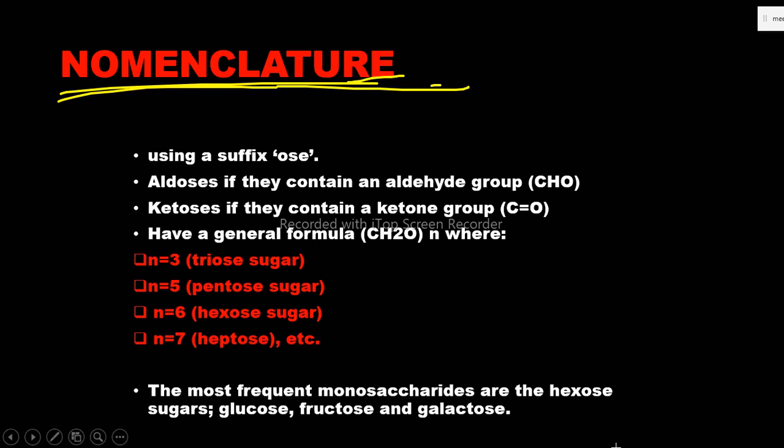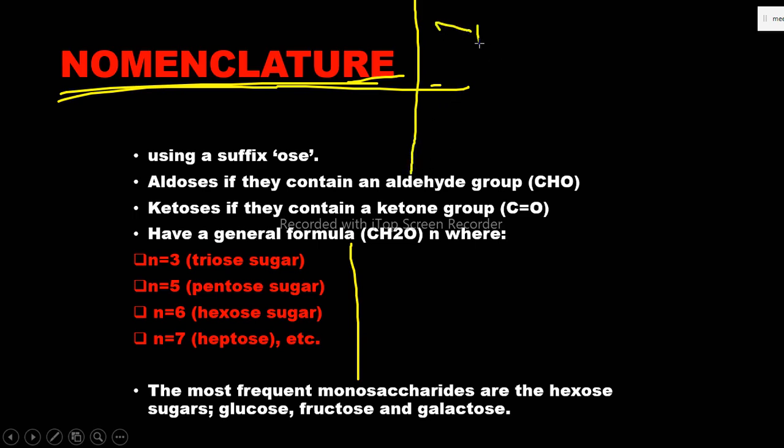Don't they have an effect on Benedict's solution? Yes, they do. They do have an effect on the Benedict's solution. It is a property.